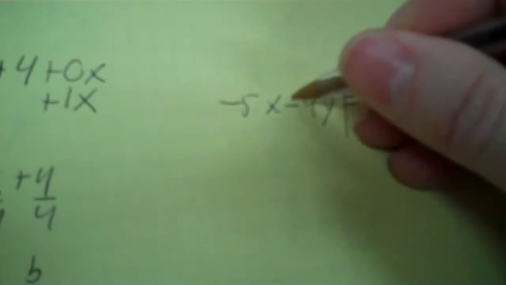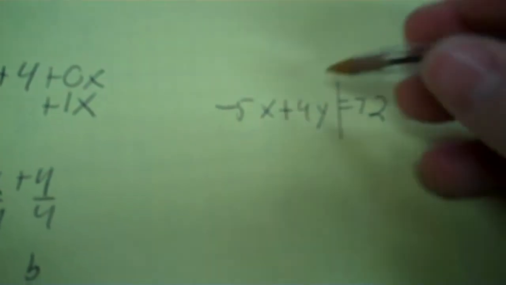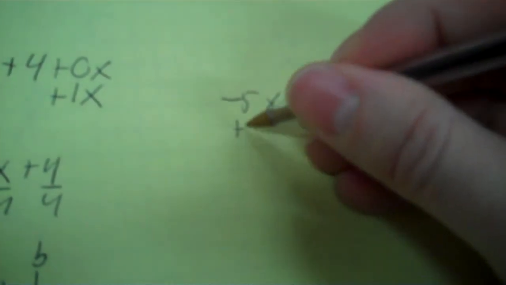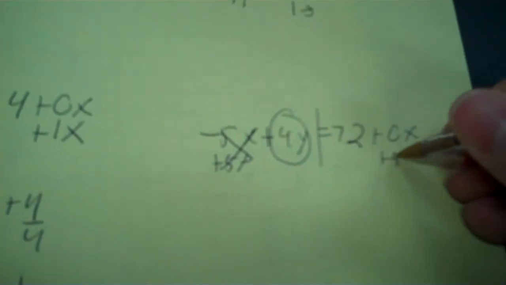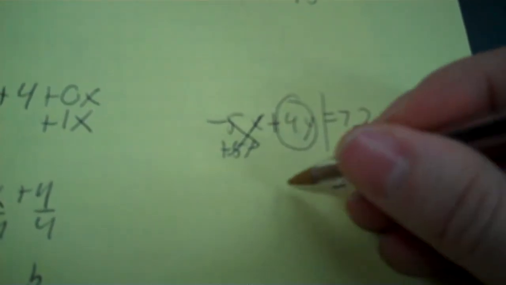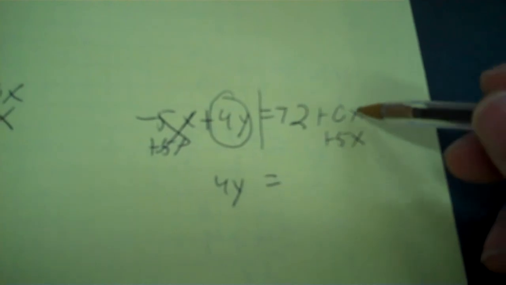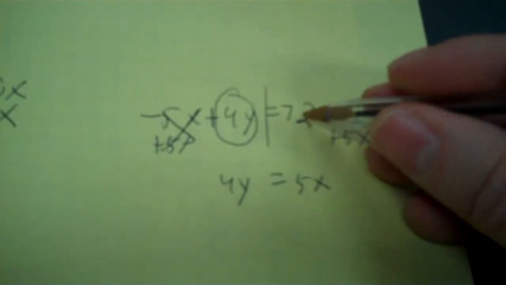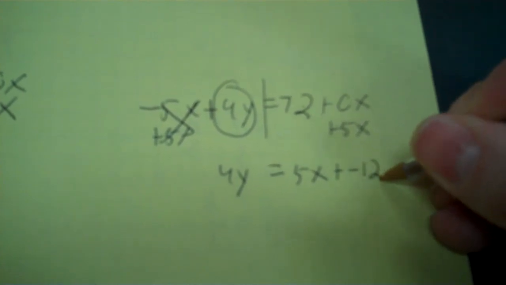Okay, negative plus negative. So negative 5x plus 5x, I put a plus 0x and add 5x there. So that's 4y. 0x plus 5x is going to be 5x, and then we have the plus negative 12.